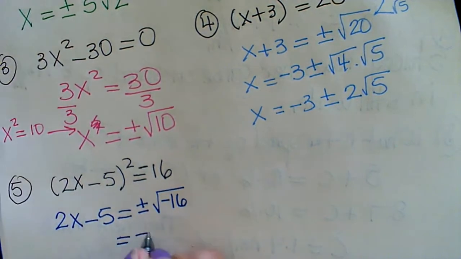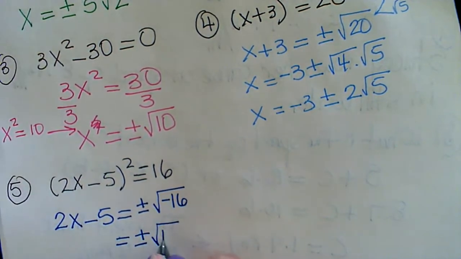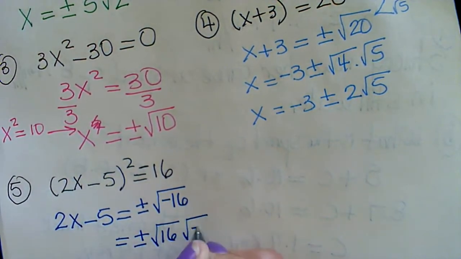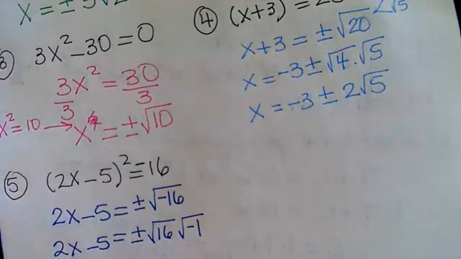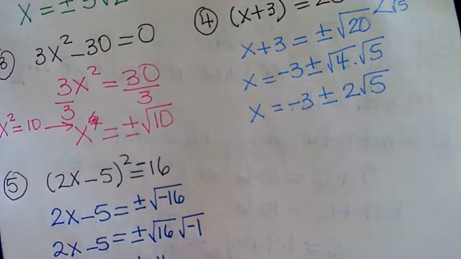And we know that this is equal to the square root of 16 times the square root of negative 1. And the square root of 16 is 4.